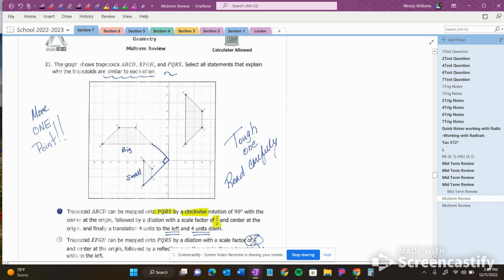Okay, first, look at the original. ABCD is bigger than the little one, big to small. Trapezoid ABCD could be mapped onto PQRS by a clockwise rotation of 90 degrees, with the center at the origin, followed by a dilation with a scale factor of 1/2.